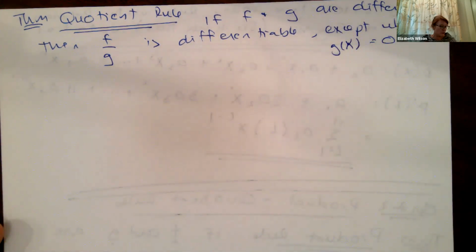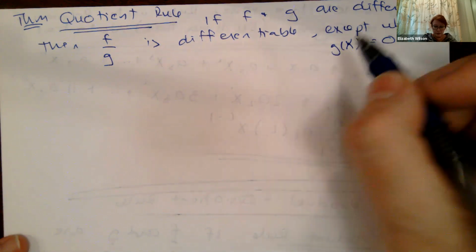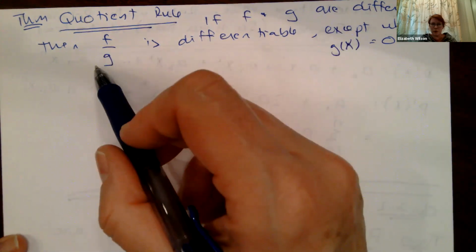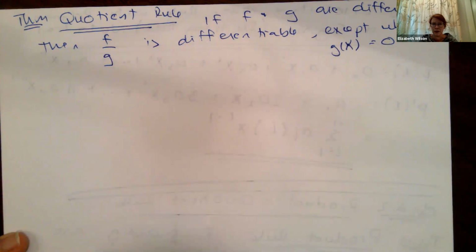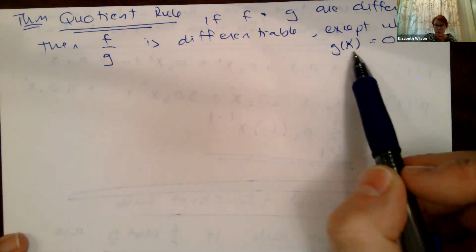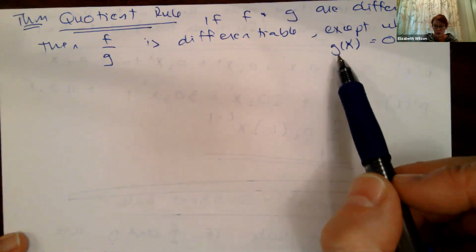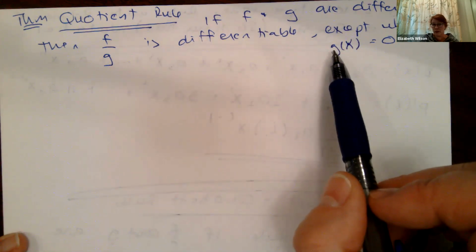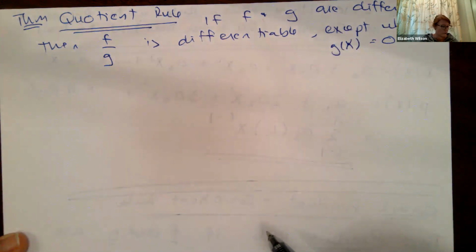I can define this as differentiable, except I have to watch out for my divide by 0 errors. It's a rational function, so I have to include that domain problem. It's differentiable everywhere except wherever g of x gives us a 0 value.